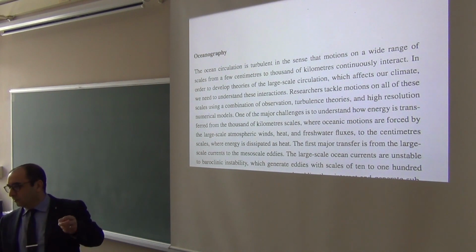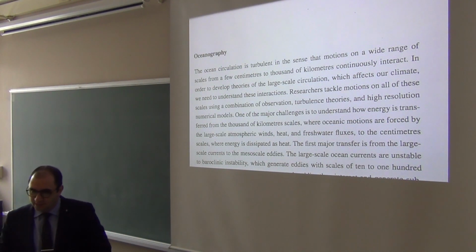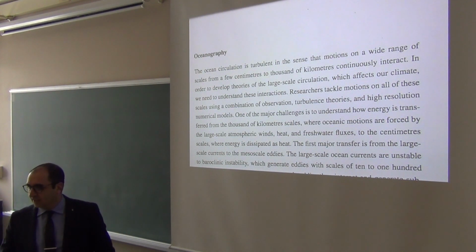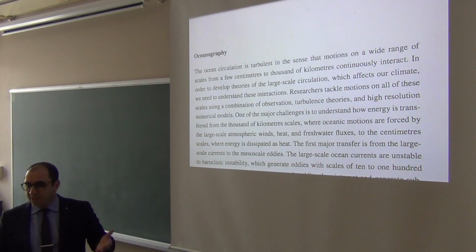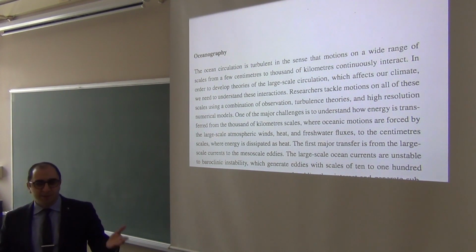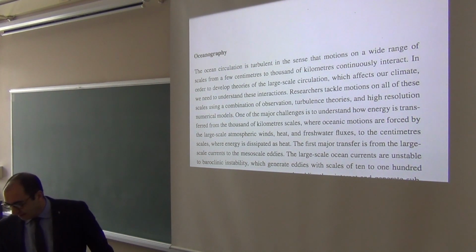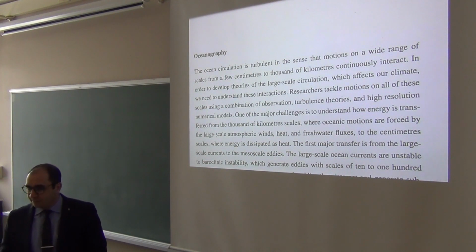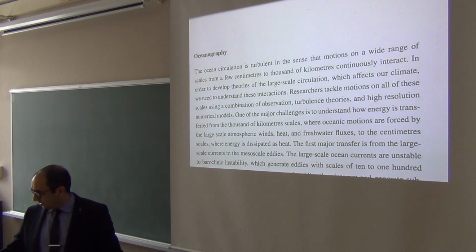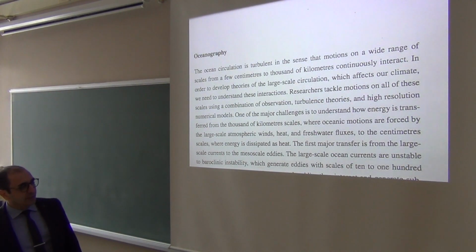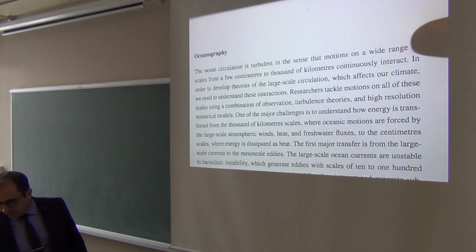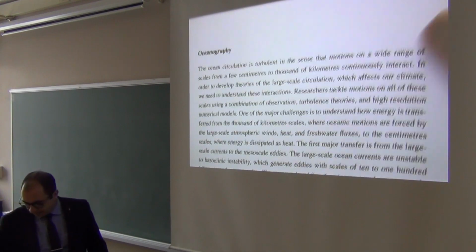Like they bring cold waters from the Arctic and warm waters from the lower latitudes, and they balance the energy of the Earth. There are also vertical circulations transporting nutrients and feeding the fish systems, and they drive hurricanes and tornadoes. And the ocean is also a big part of it, and a lot of the theories and applications of turbulence are in oceanography.